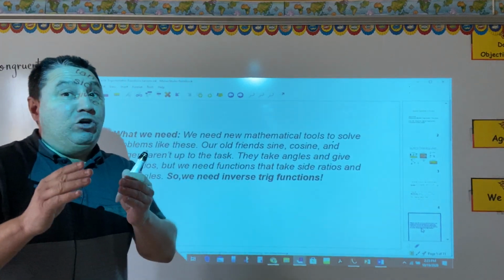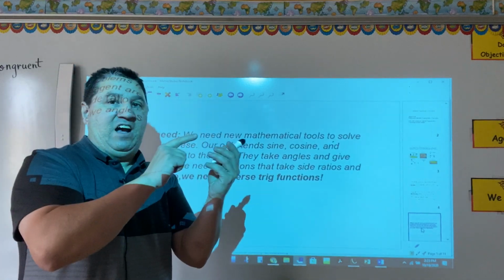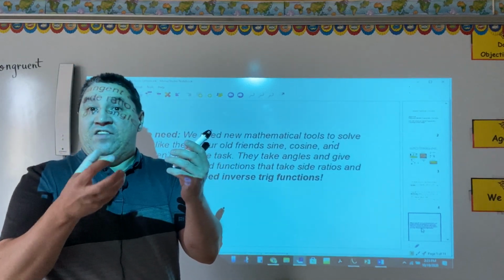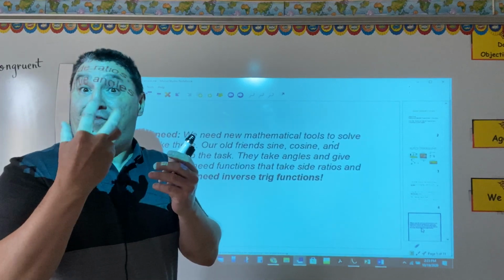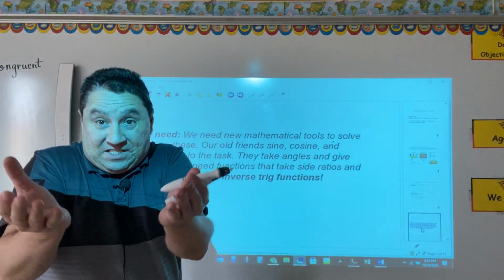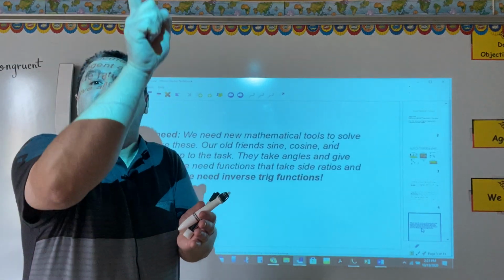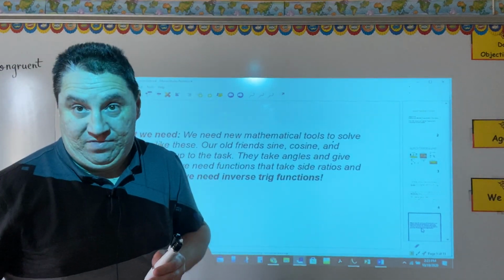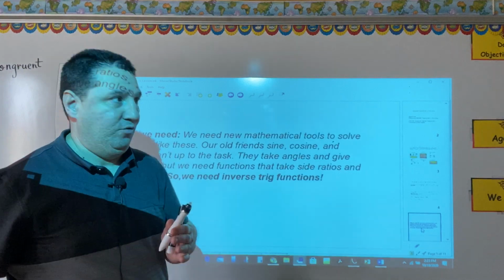Now, in order to find an angle, we need another ratio or function that takes the side ratio and gives you the measure of the angle.